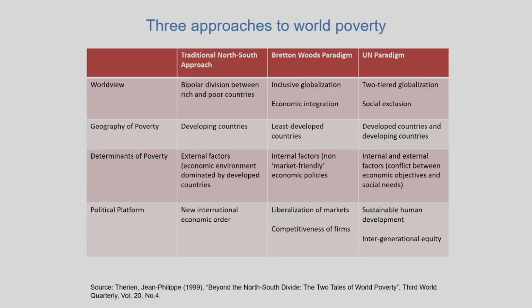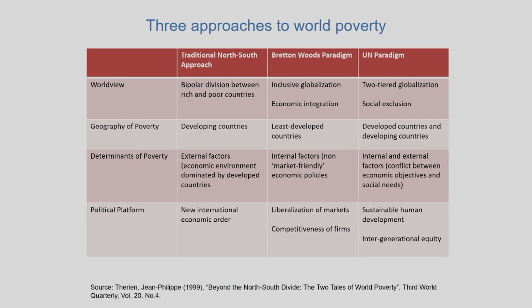So the UN paradigm is trying to bring in the importance of other socio-economic factors or indicators such as health or education, or even to the extent of bringing in the issues of women's empowerment and political stability in countries as well. The traditional north-south approach thought of in terms of the geography or location of poverty.